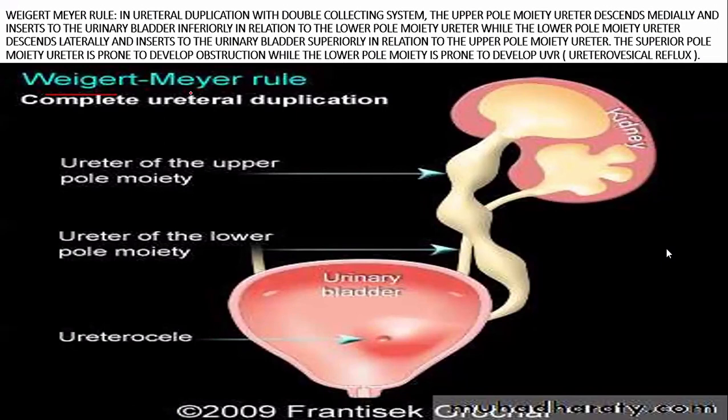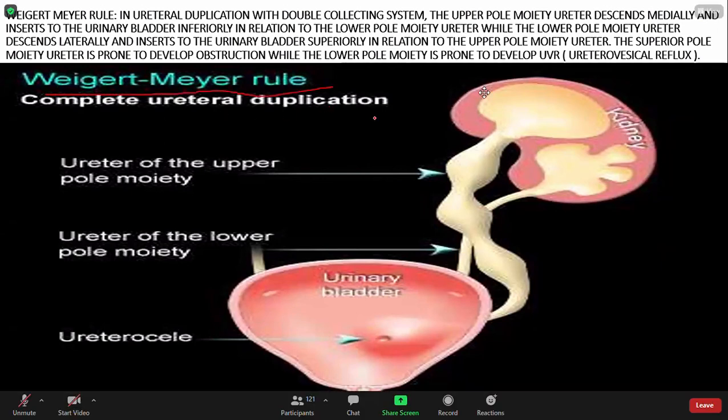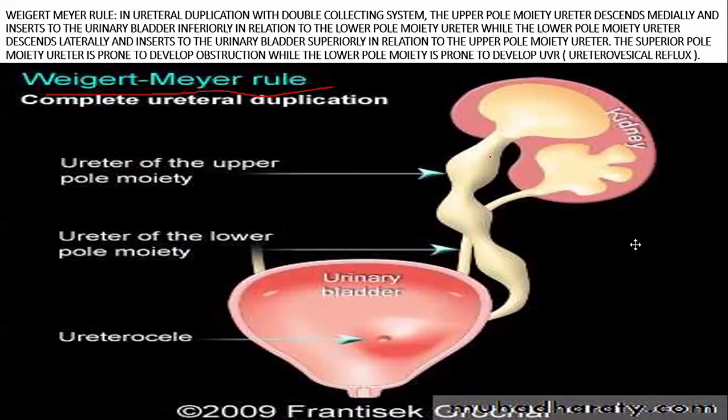When you say Weigert-Meyer rule, it applies to ureteral duplication. Meaning to say, it applies to a double ureter with a double collecting system. In the Weigert-Meyer rule, the upper pole usually descends medially and inserts inferiorly in the urinary bladder, while the lower pole descends laterally and inserts superiorly.